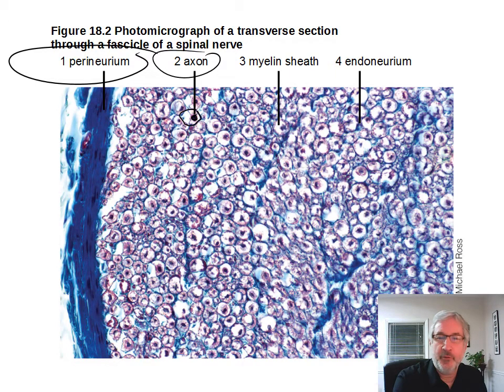There's endoneurium around here, and around here, and here's a nice one, and that's the axon, and there's an axon, and there's an axon. Here's an axon, and here's the endoneurium around it. The white area is the fat, the lipid. That shows up white in these light microscope images, and that's the myelin sheath around the axon.